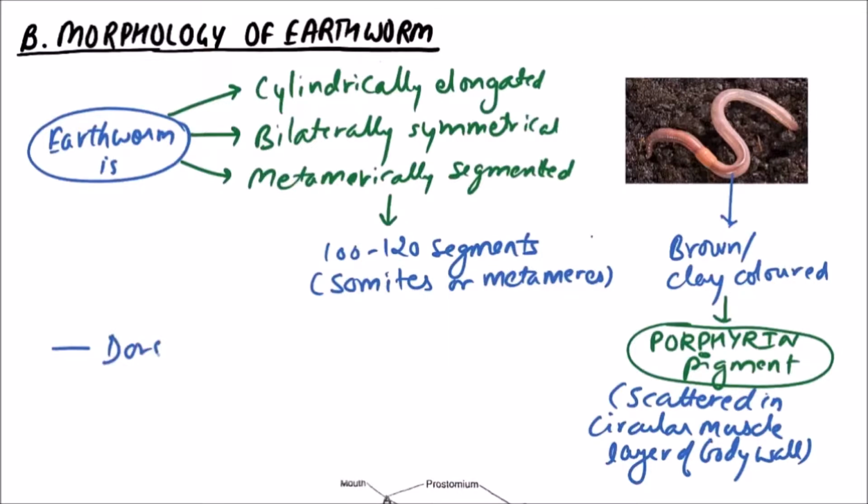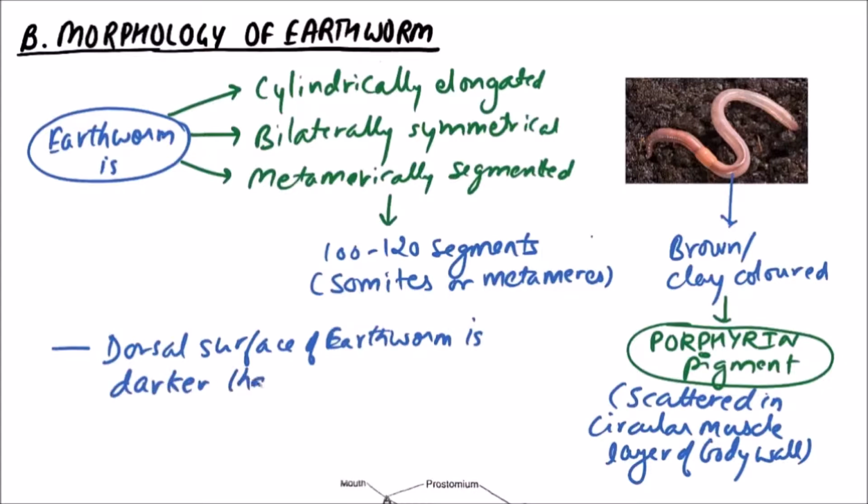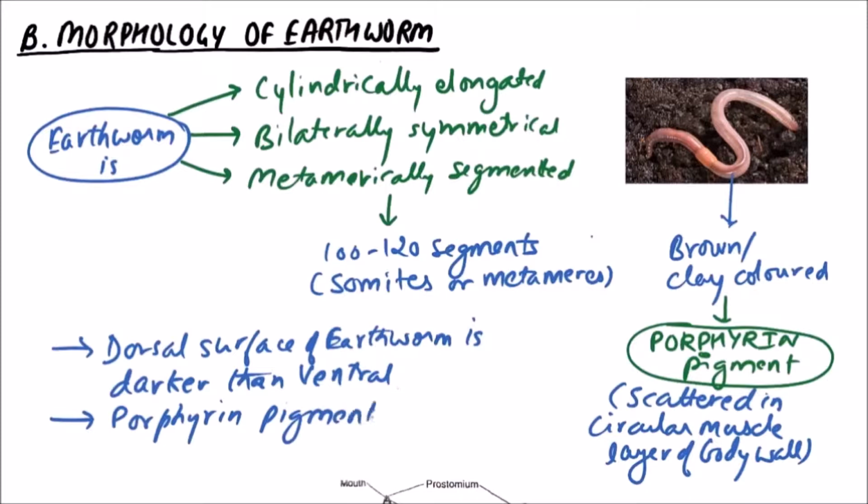The dorsal surface of earthworm is darker than ventral. This porphyrin pigment prevents the earthworm from bright light.